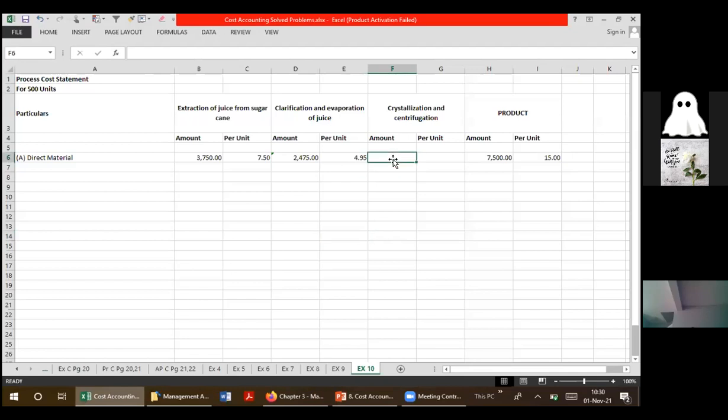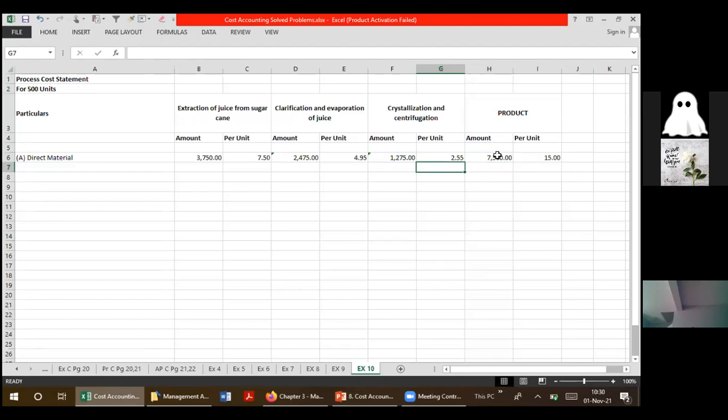So process 3 is 17%. So 17% of this. 1,275. Divided by 500 will give us per unit cost.